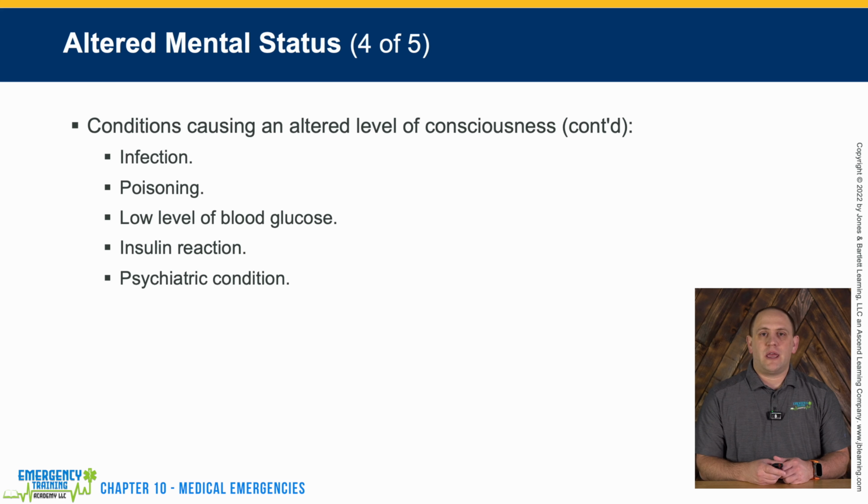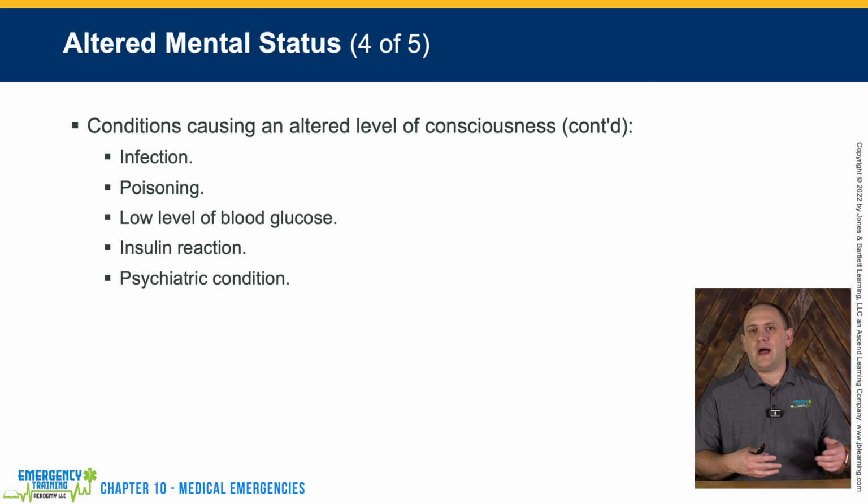Maybe they're on medications or there's been some other type of poisoning, low levels of blood sugar or blood glucose, or psychiatric conditions. Even if you can't determine which one of these causes is the reason for their altered mental status, we can always treat symptoms.